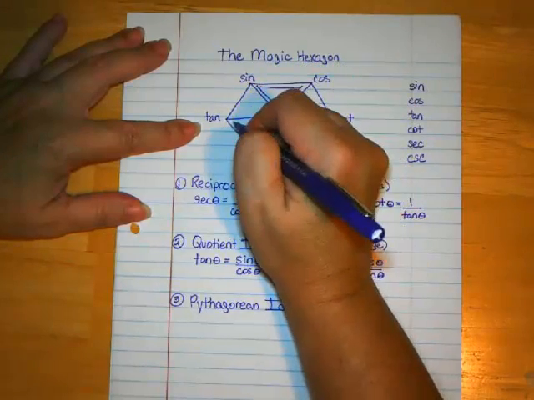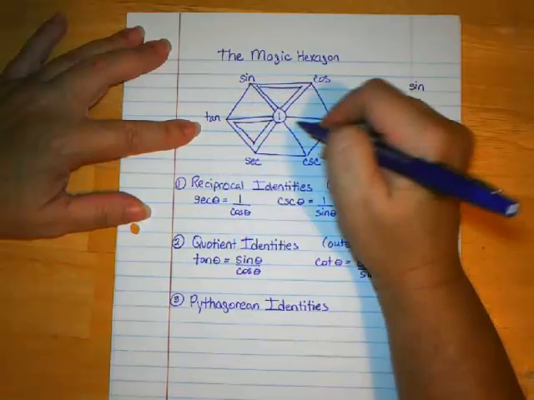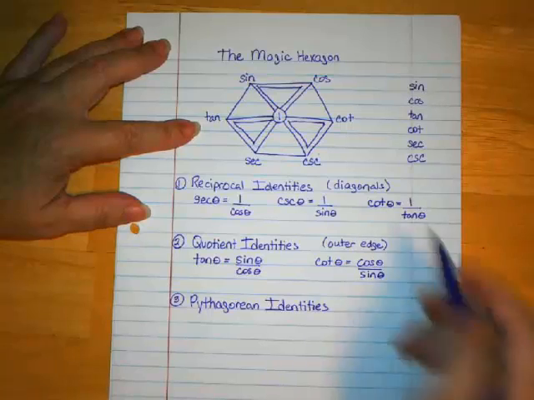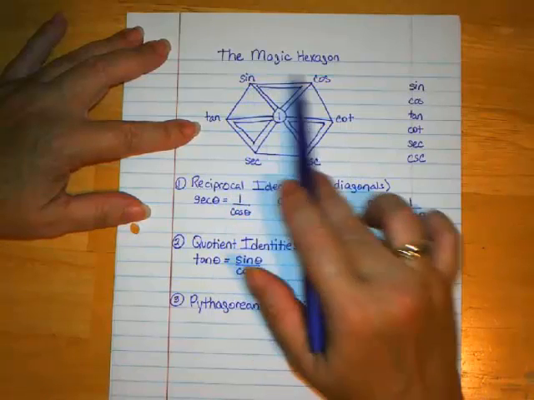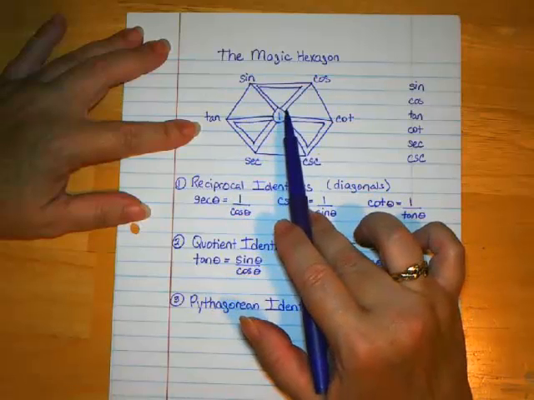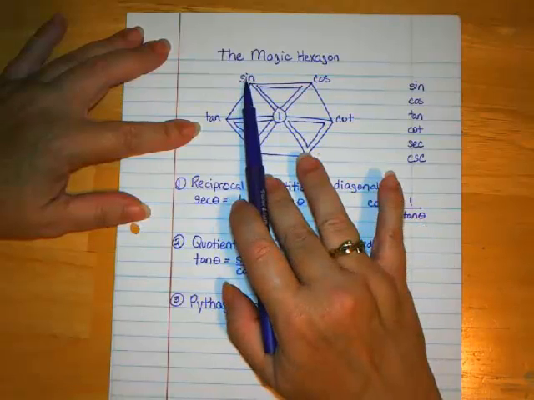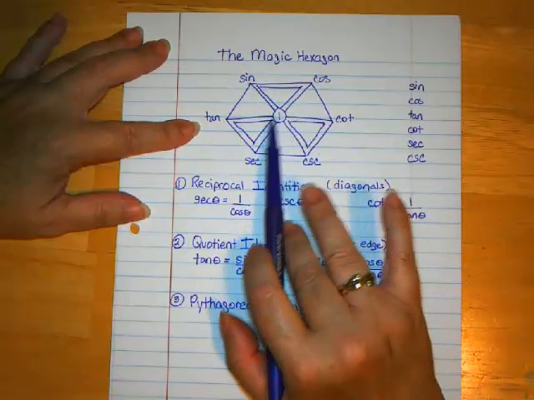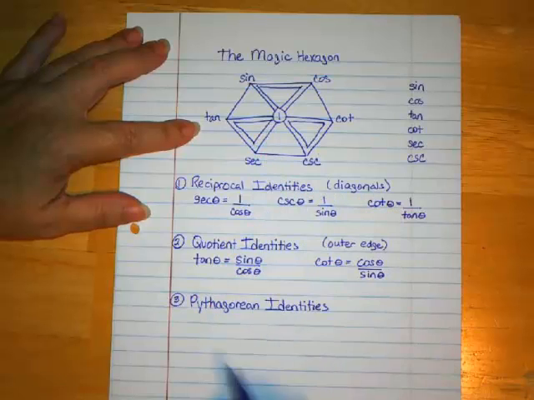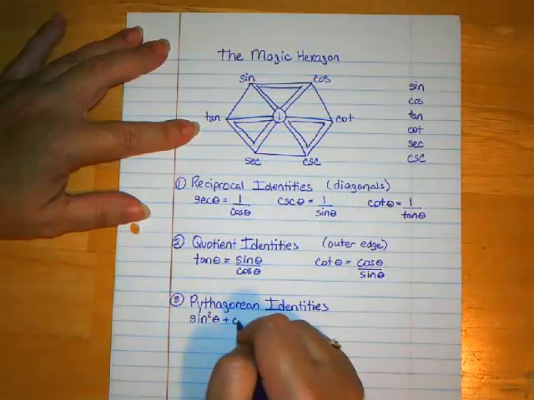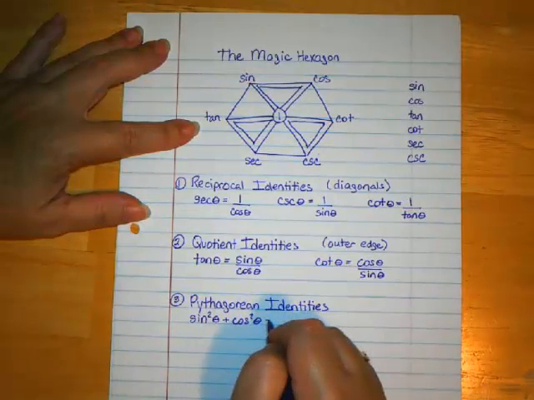Now, the first Pythagorean identity is the 3 corners of this triangle right here. And it is the first corner squared plus the second corner squared equals the bottom corner squared. So our first identity is sine squared theta plus cosine squared theta equals 1 squared, or just 1. Go to the second triangle right here. Same procedure.